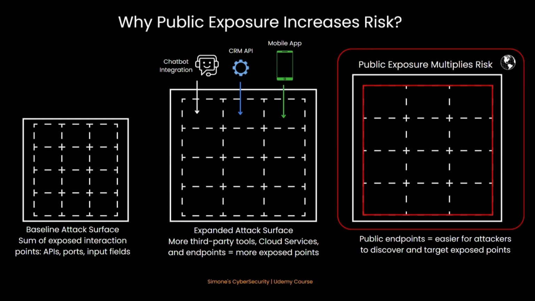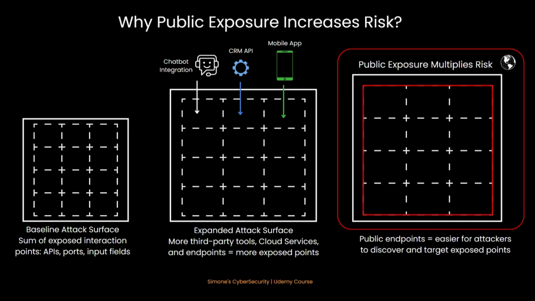That means exposing APIs to partners, enabling mobile apps to connect over the internet, or letting chatbots interact with customers through public platforms like WhatsApp or websites. While this openness supports innovation, user experience, and digital transformation, for us cybersecurity professionals, it also introduces significant risk.